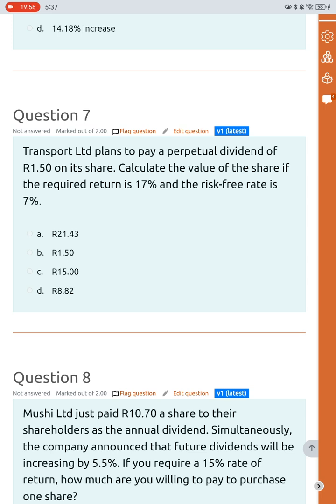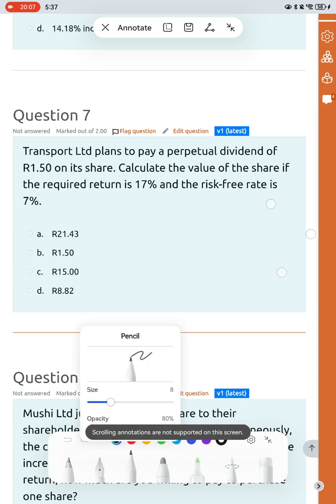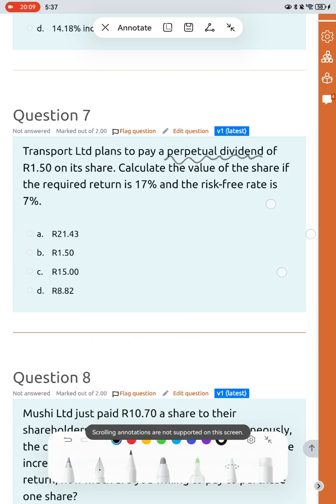Okay. So Transport Ltd pays a perpetual dividend, perpetual meaning the dividend never ends. That's what perpetual means. Of R1.50 for its share. Calculate the value of the share if the required return is 17% and the risk-free return is 7%.